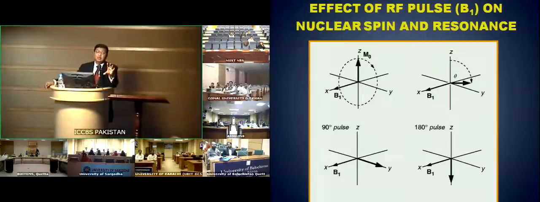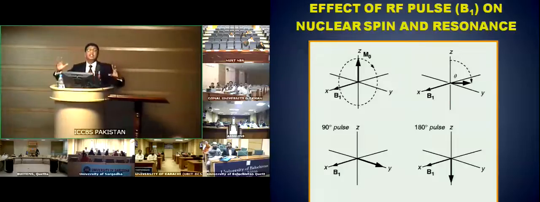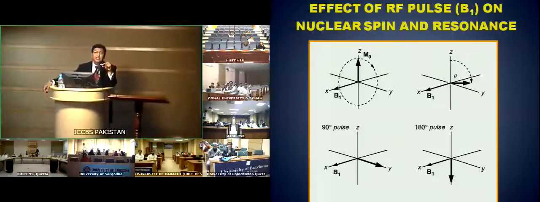And this pulse is in operation, and as a result of this radio frequency pulse, I have a torque, I have a nutation of this longitudinal magnetization vector to 90. And this is an angle called theta, the 90 tip angle. You can just name it, there are lots of names for it.